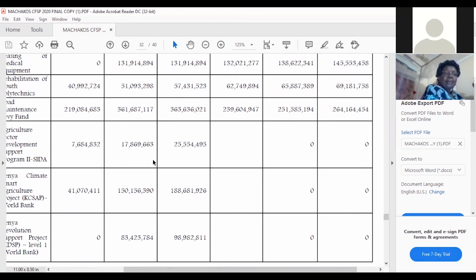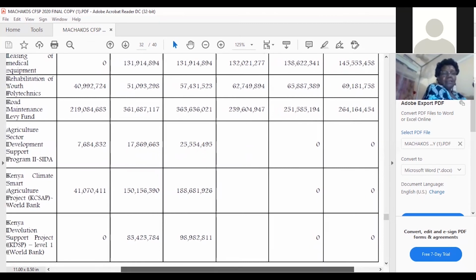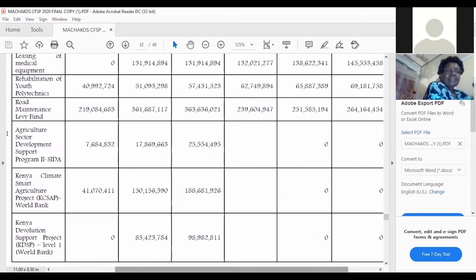Like the previous year money was allocated, but even for the current year and the next 2 years, money has not been allocated. What does this mean? But you see, those are conditional grants. And they haven't gotten a conditional giver. Awesome.